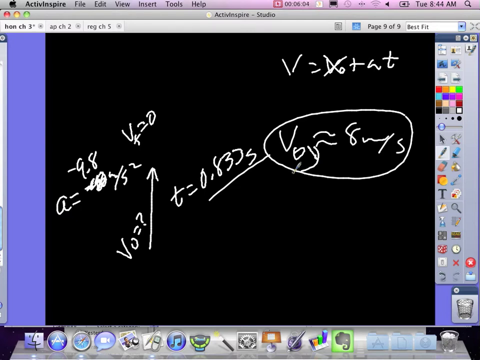When you make acceleration negative, how do you get positive at the end? Oh, because, yeah, okay. It's this one that's 0, right? V final was 0.